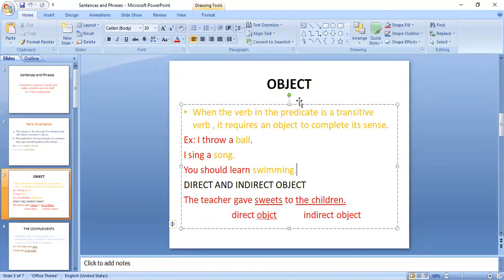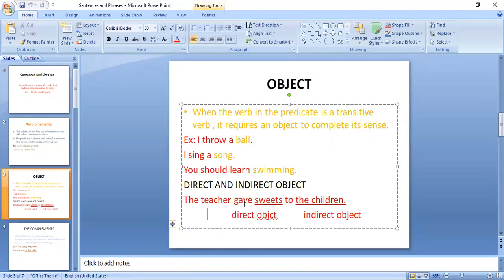Next, this object is of two types, that is direct and indirect object, correct? Then I have taken one example for explaining direct and indirect object. The teacher gave sweets to the children. Here, which word is the verb?